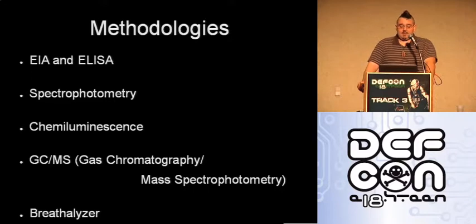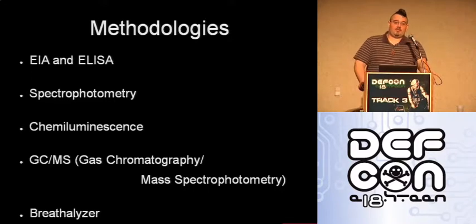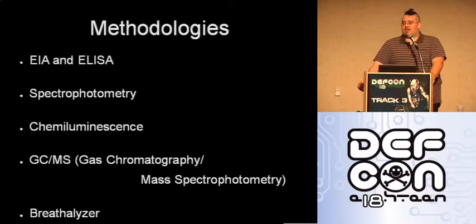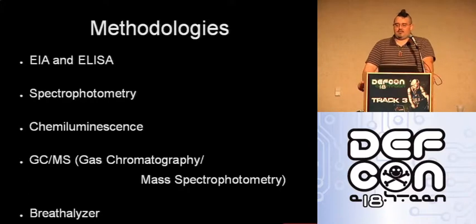Now, GCMS, gas chromatography mass spectrometry. For anyone here who's watched CSI, which is sadly probably most of us, if you remember where they say, all right, this person has this drug in them, and they look at a little strip of paper with tiny spikes and peaks, that's GCMS.